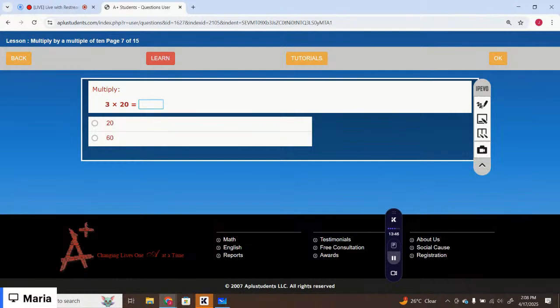Three times 20. So which is the correct option? Three times 20 is 60.